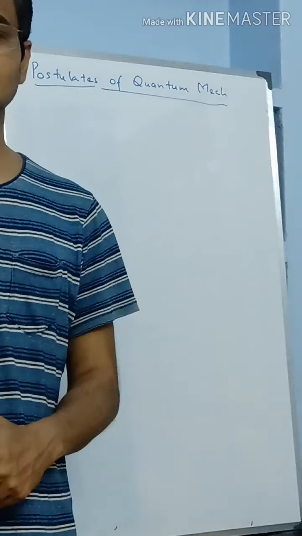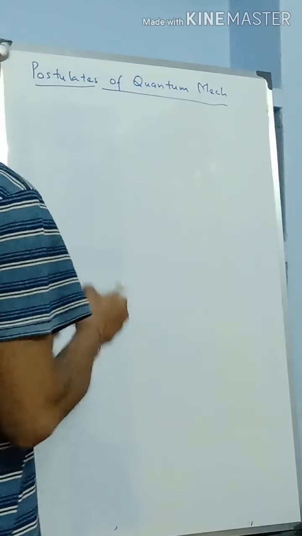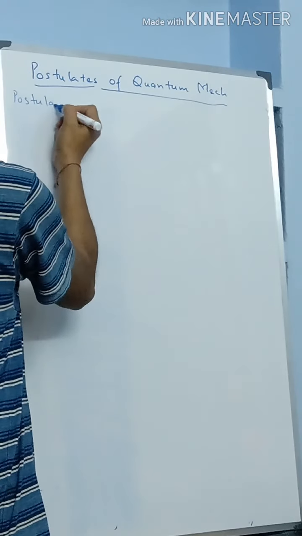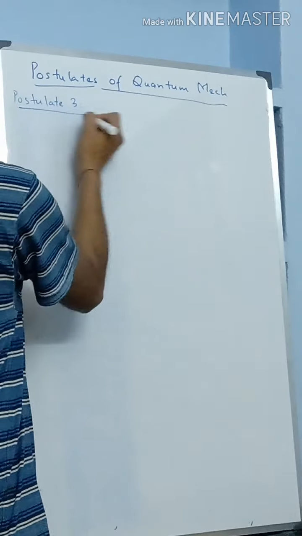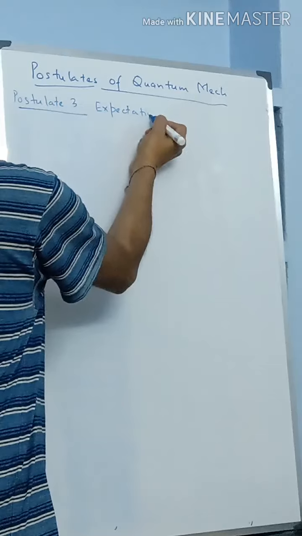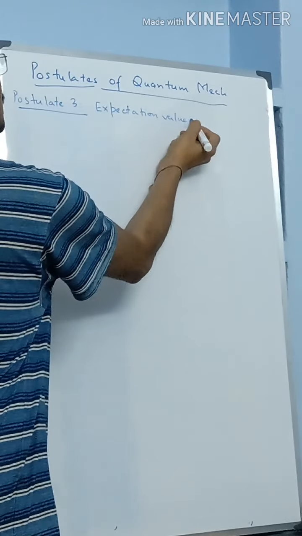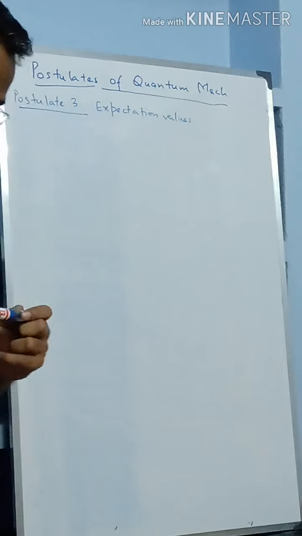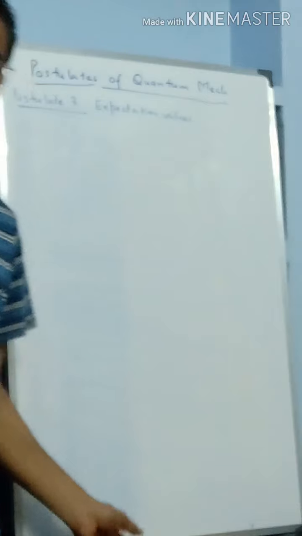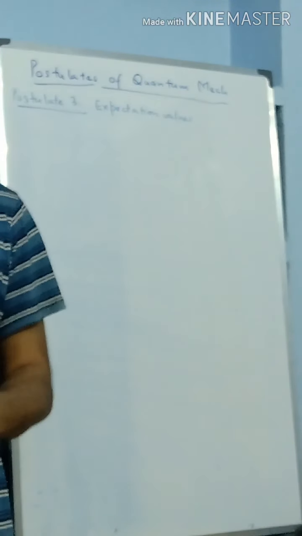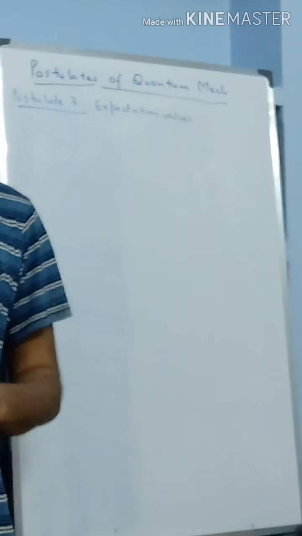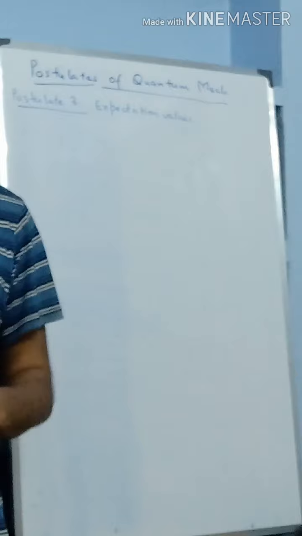Now let us jump on to postulate number 3, which is all about the expectation value. It is nothing but the value corresponding to a particular physical quantity. Suppose we want to calculate the expectation value, the statistical average value, of a particular operator operating on psi, which can give you an eigenvalue.